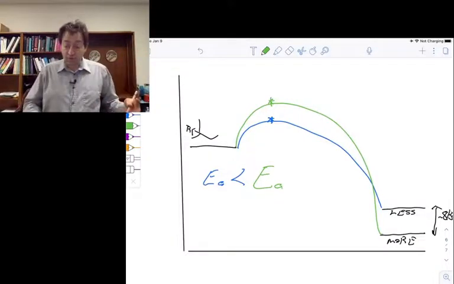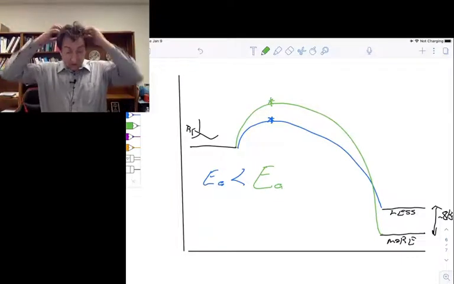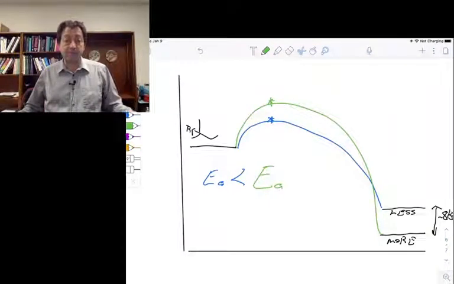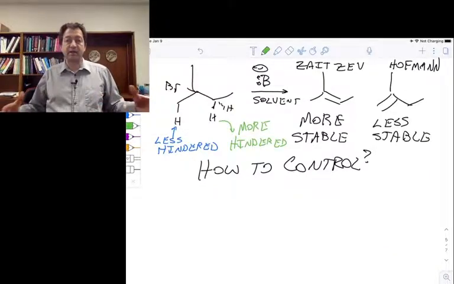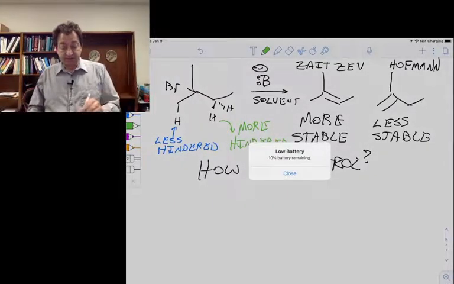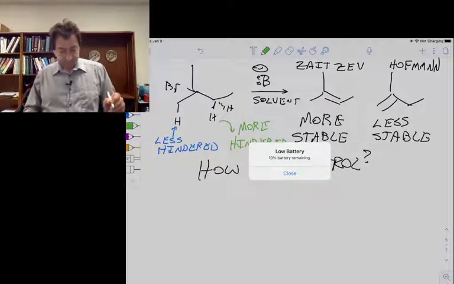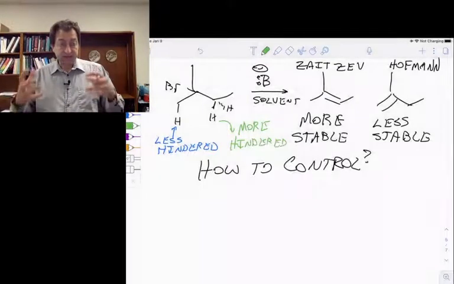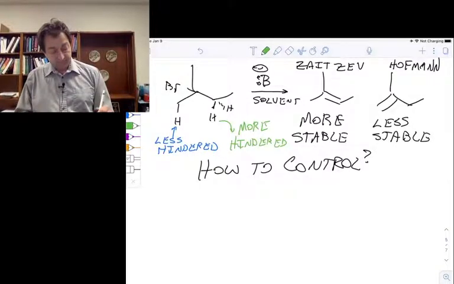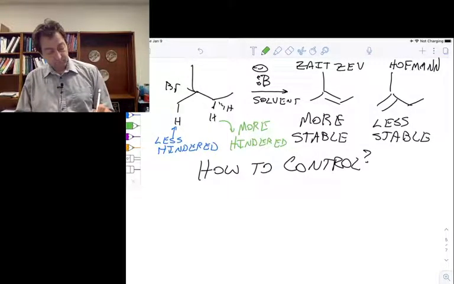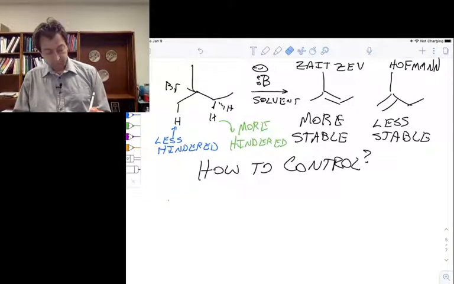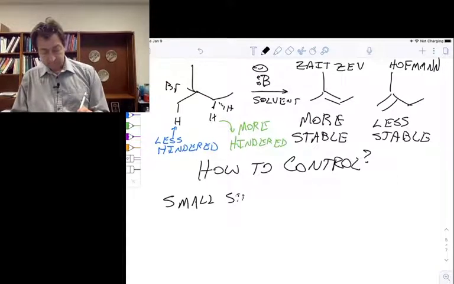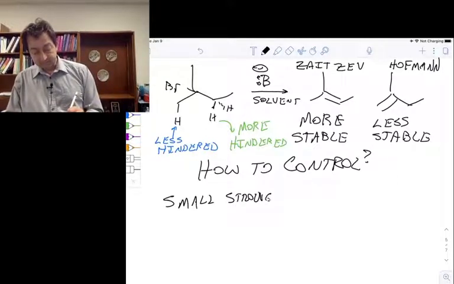So how do we control the outcomes of those reactions? Well, we can control it a little bit, and we talked about this example when we introduced the idea of thermodynamic versus kinetic control. We talked about using, for example, a small, strong base and slightly higher temperature.